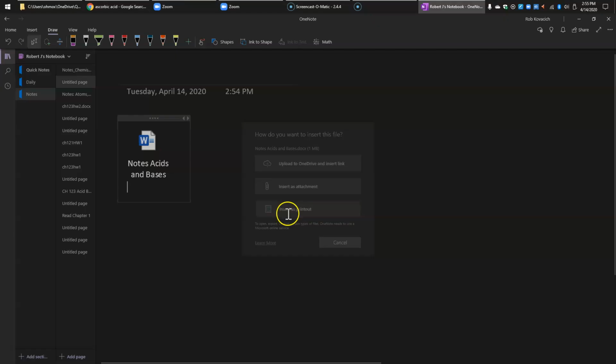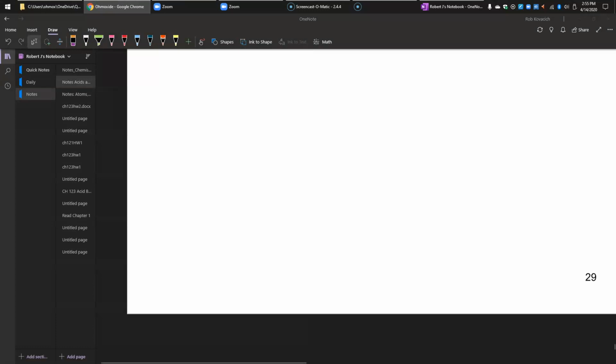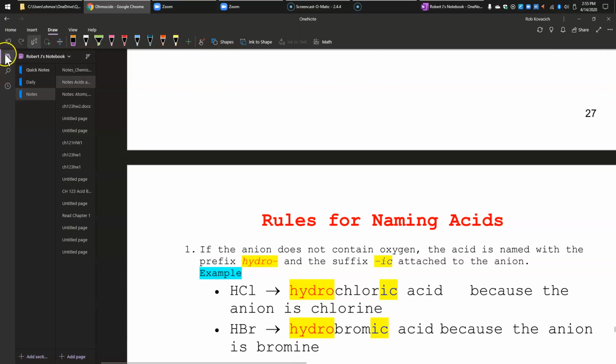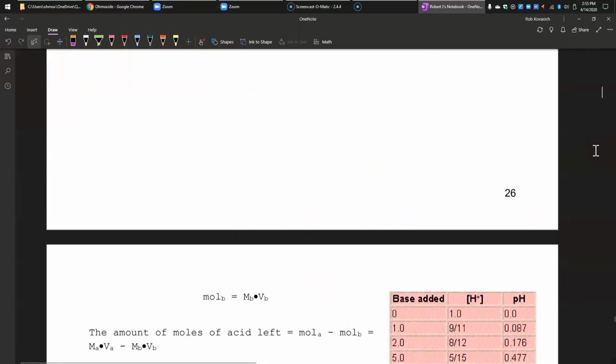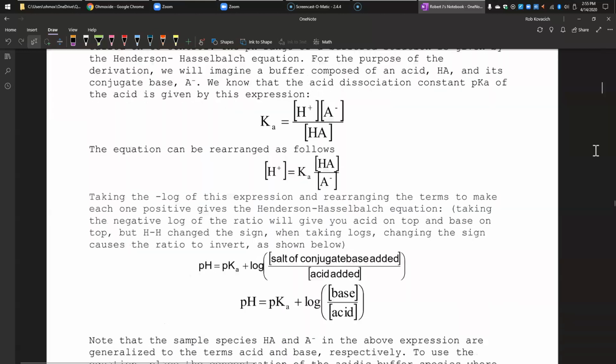Acid base. All right, so where were we? We didn't talk about salts, did we?